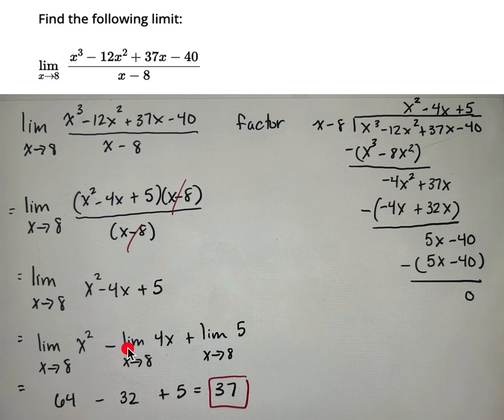When I take the limit as x approaches 8 of 4x, that's going to give me 32, and that's subtraction, so I bring that subtraction down. And when I take the limit as x approaches 8 of a constant 5, that's just going to be 5. And so the final answer when I do this arithmetic is going to be 37.